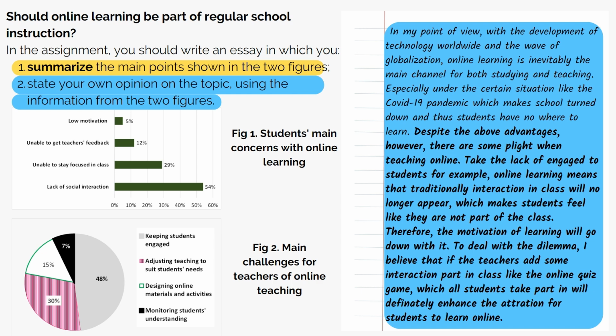Again, the figures are sharing concerns and challenges with students and teachers with online learning, and that the main concern involves interaction. However, to help support their opinion that online learning should be a part of school, they provide solutions to these concerns or challenges, such as interaction in class, like including online quiz games.